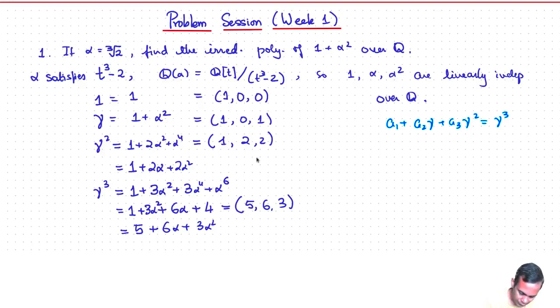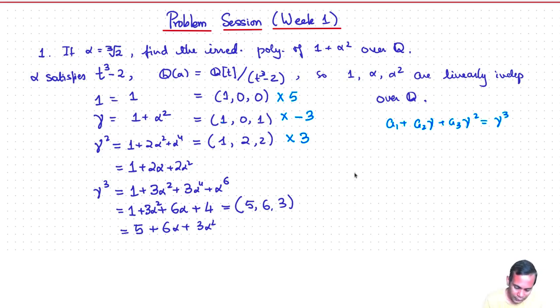If you look at the second coordinate, the only possibility is that a3 is 3, so this has to be multiplied by 3, and once you do that, this becomes 6. But now let's look at the third coordinate. If I do 3 times this, I get 6 here, and so I have to subtract 3 times 1 to get 3 back. So I have to do this times minus 3. But then this 3 times 1 and minus 3 times 1 cancel out, and so to get 5 here, I have to add 5.